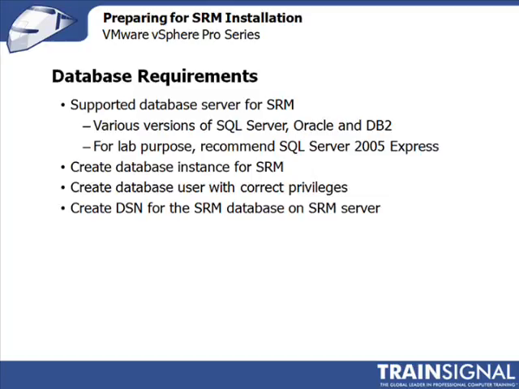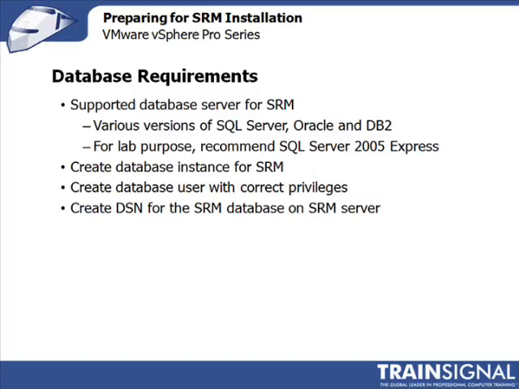Part of meeting these requirements will be taken care of in the 3 following bullet points. We're going to create a database instance for SRM. We're also going to create a database user with the correct privileges, and we're going to create a DSN for the SRM database on the SRM server. And we're going to do that on both SRM servers.